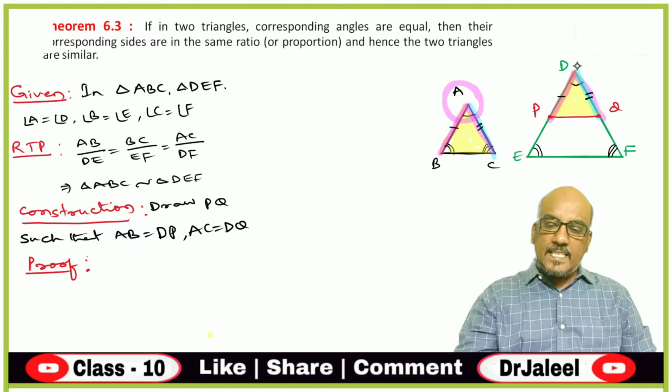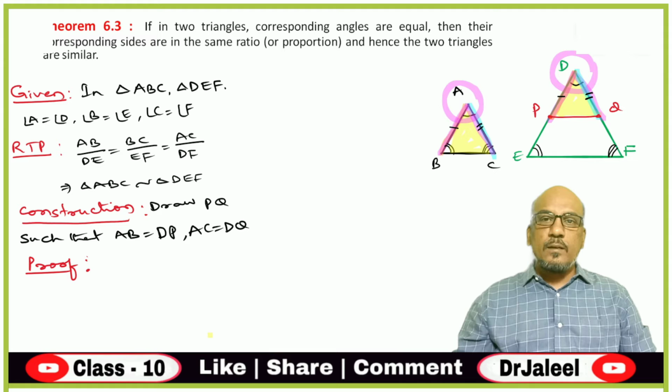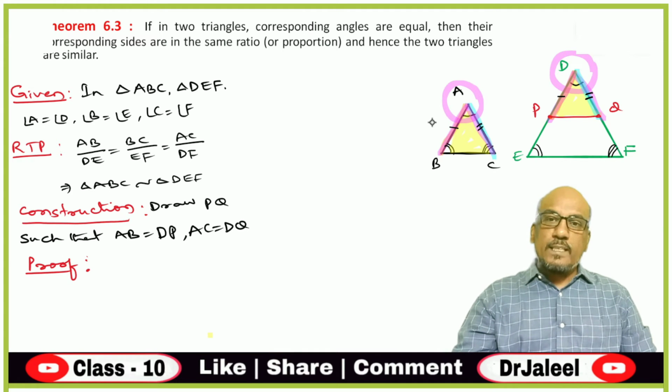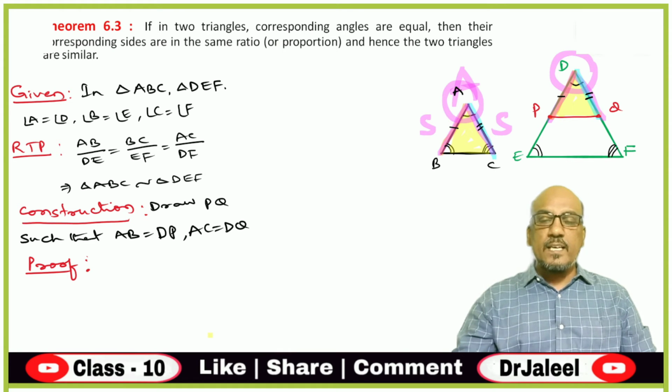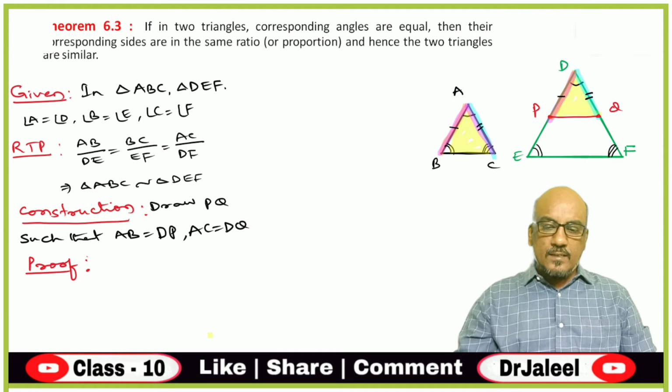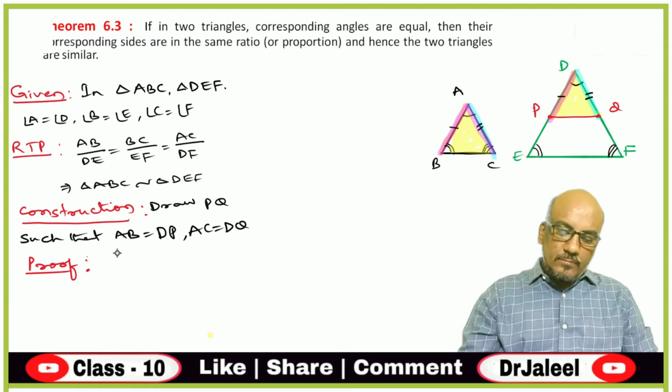And angle A is equal to angle D. How do you know that angle A is equal to D? Because it is given that all the corresponding angles are equal. So what can you conclude here? That by SAS congruency, both the triangles are congruent. So let us first present it.